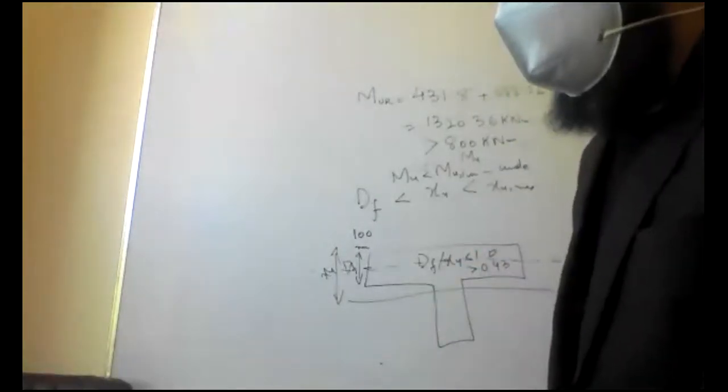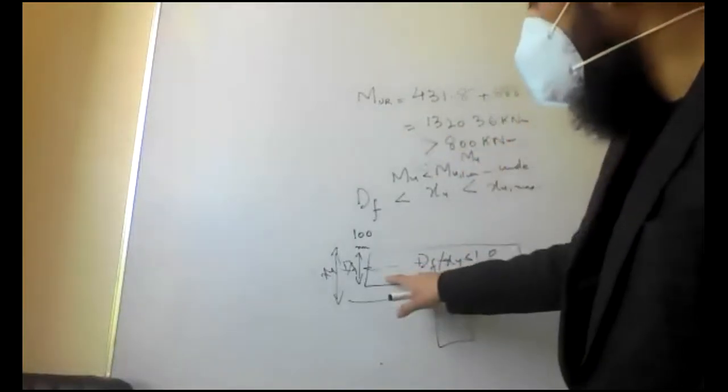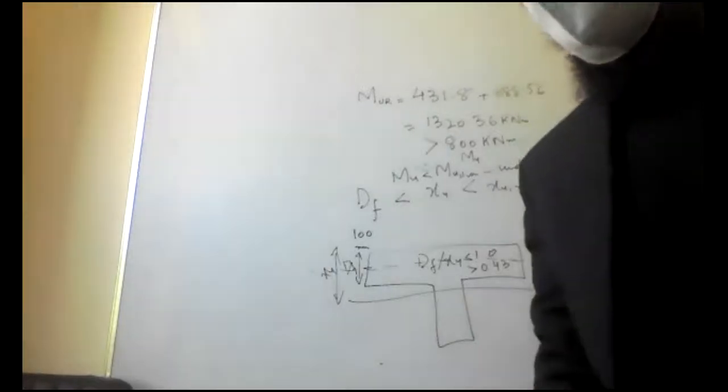Tell me, why do we not need to revise this? Because your MU resistance is coming to be greater than this. So our assumption is coming to be right for this question.